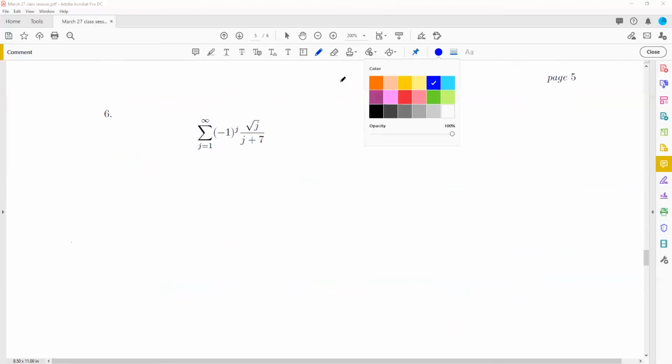What happens here? Number 6. Taylor said to use the alternating series test, right? Yes. So what happens with alternating series? Doesn't the sum of the first two values have to be negative in order for it to be convergent?